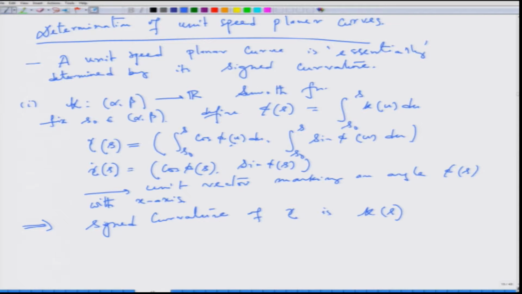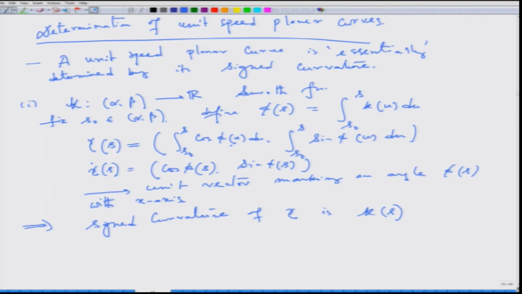If I rotate it by angle phi s, it will be parallel to the x axis, and I know precisely that is the sign curvature. So the sign curvature of gamma is k s.